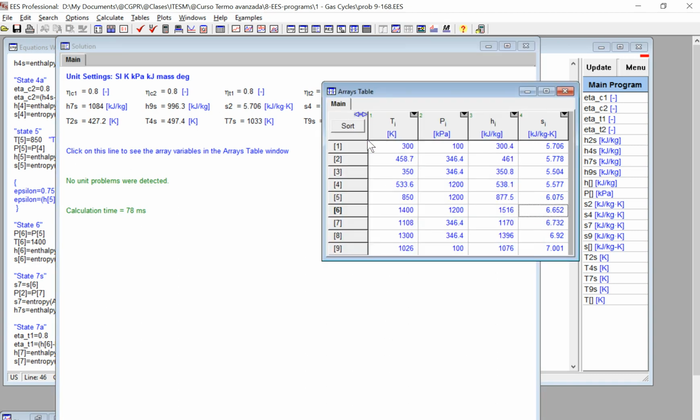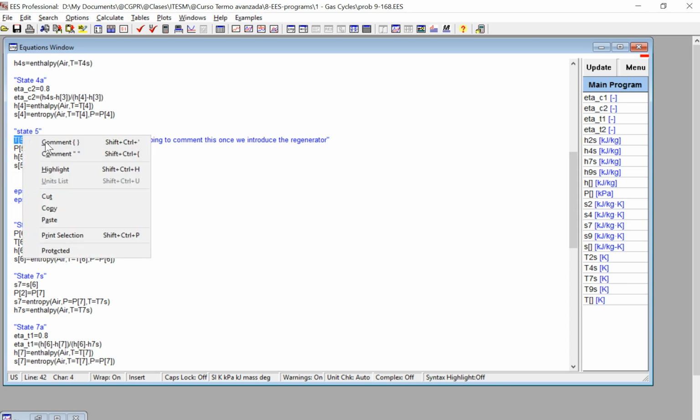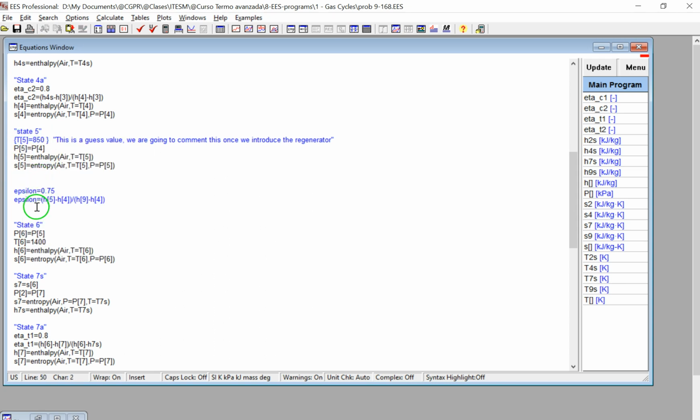Now, I know that state 5 depends on state 9 and the relation is this epsilon. So I will take the comments here out and I will make a comment of this. If this is a problem, we'll say, okay, I need to compute H5 using the definition of epsilon, and then I will use this H5 to compute temperature 5 and entropy 5.